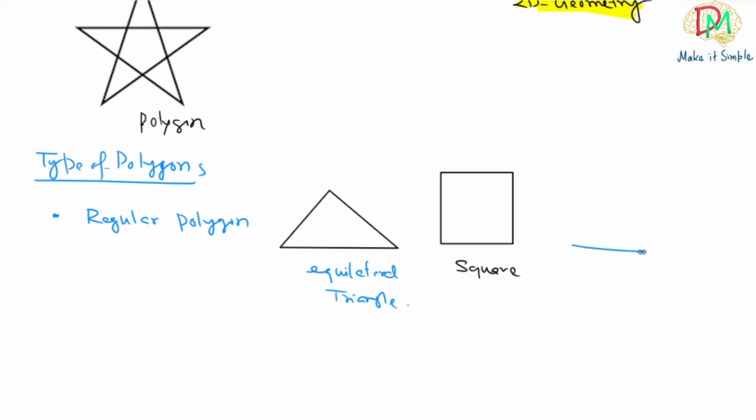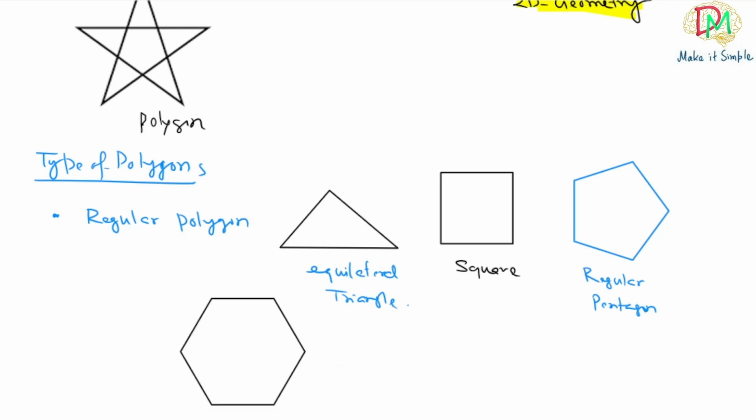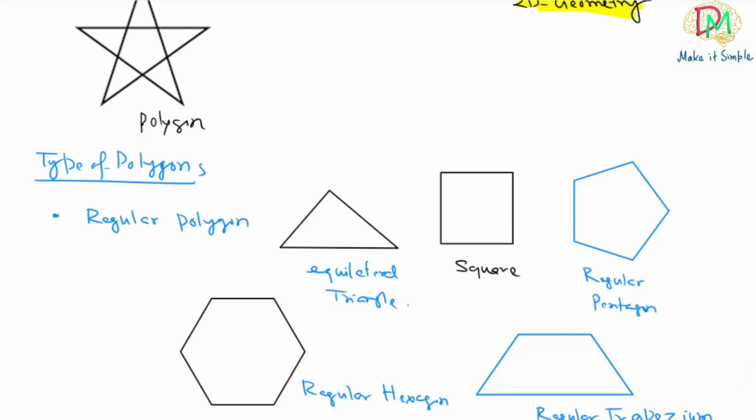Regular pentagon. Regular hexagon. Regular trapezium. These are some examples of the regular polygon.